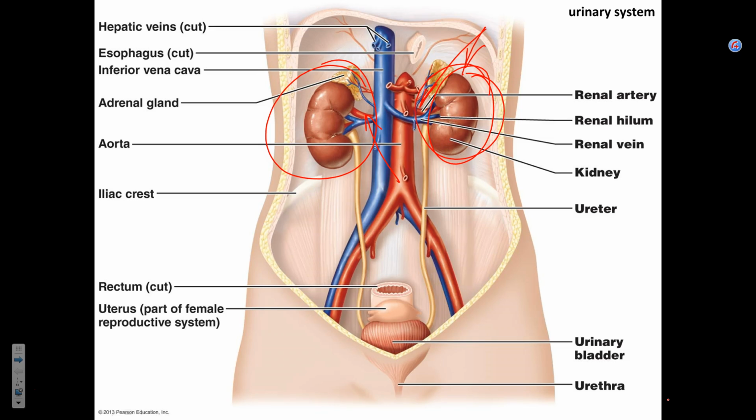So they are supplied by renal arteries and drained by the renal veins. You can see renal arteries stem directly from the aorta, and renal veins drain directly into the inferior vena cava. Kidneys produce urine.